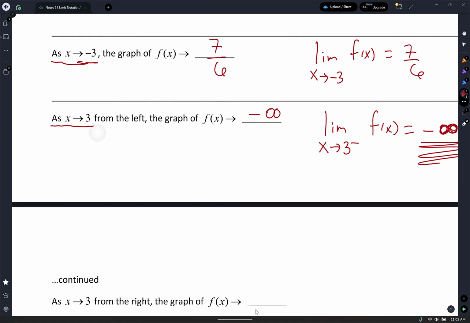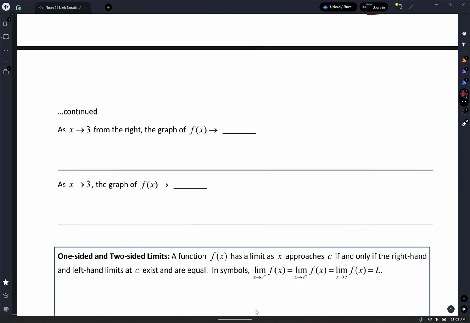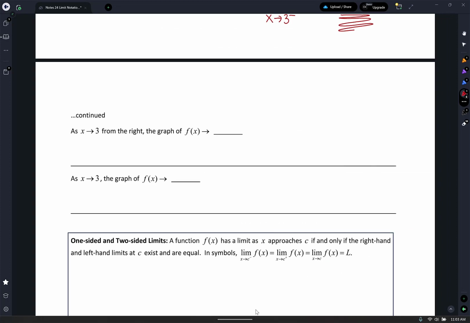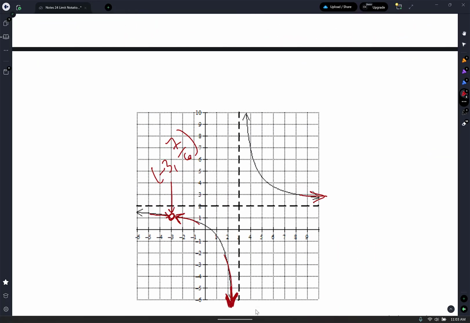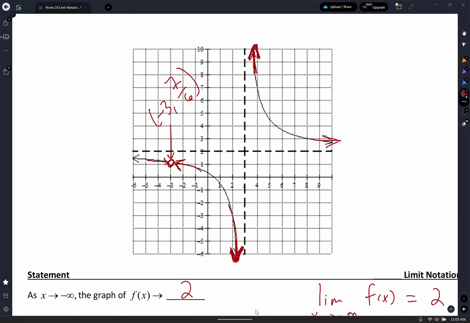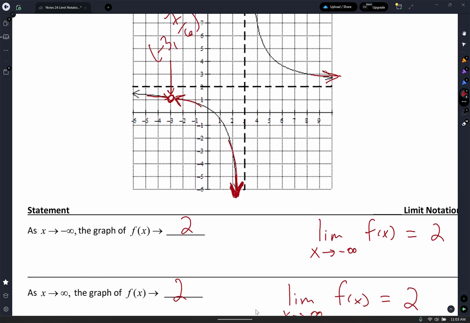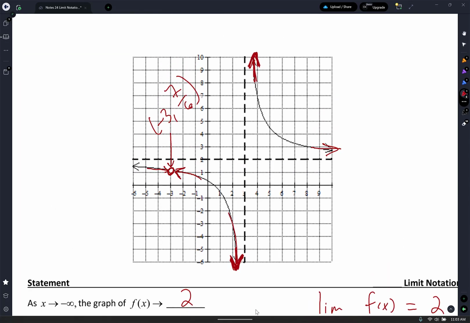All right. Here we go. Go to the next one. Turn the page. Next time I'll put the graph here. Limit as x approaches 3 from the right. So I go back to my graph. If I approach 3 from the right, what am I approaching? Tell me, guys. What am I approaching? Positive infinity.